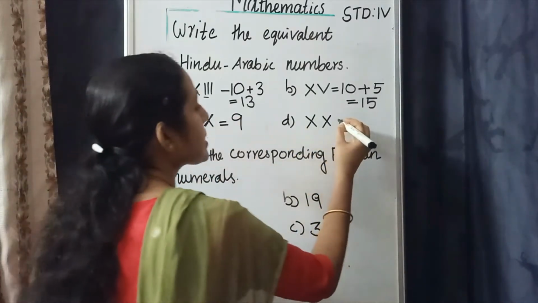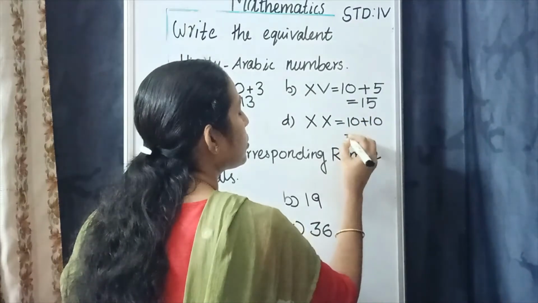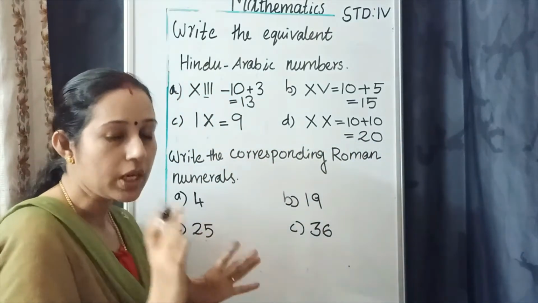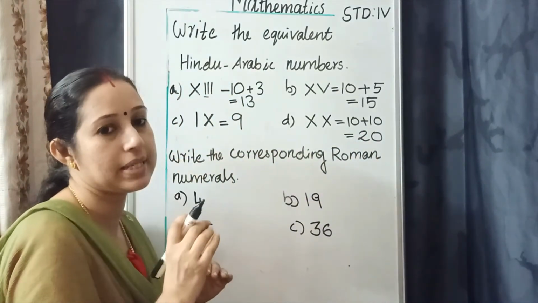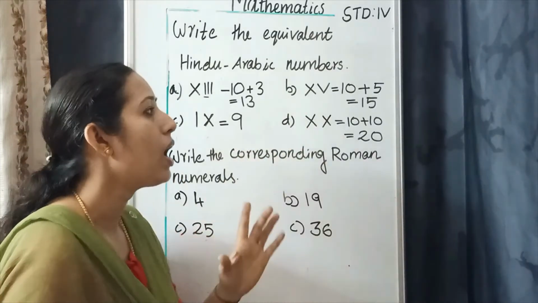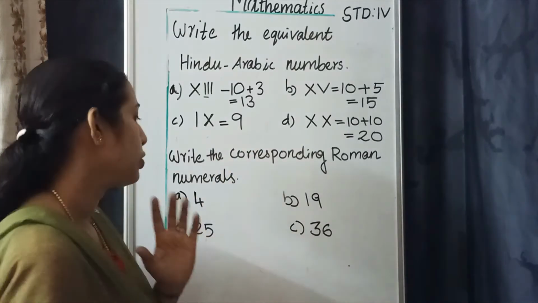XX means 10 plus 10, equal to 20. So if you know the first 3 basic symbols, I, V, X, we can easily find the Hindu-Arabic numbers for the Roman numerals.